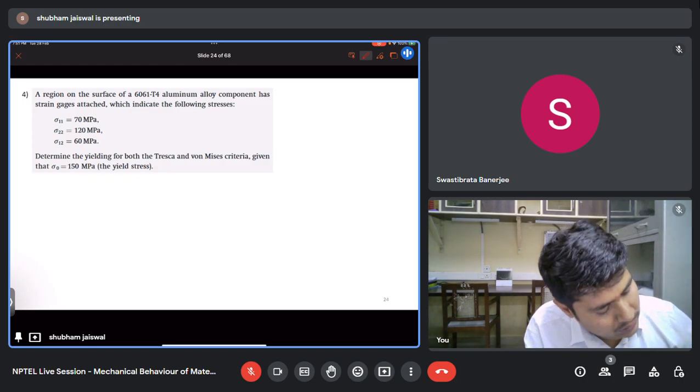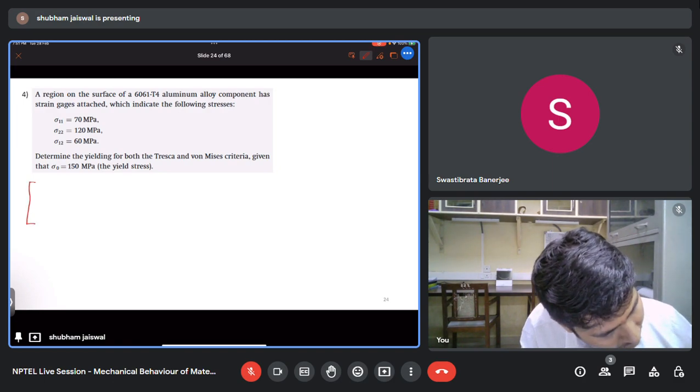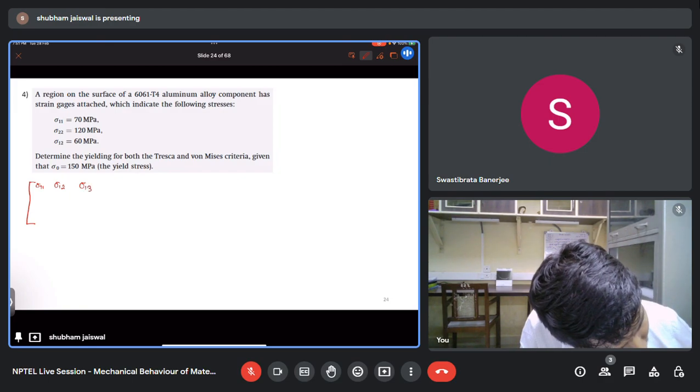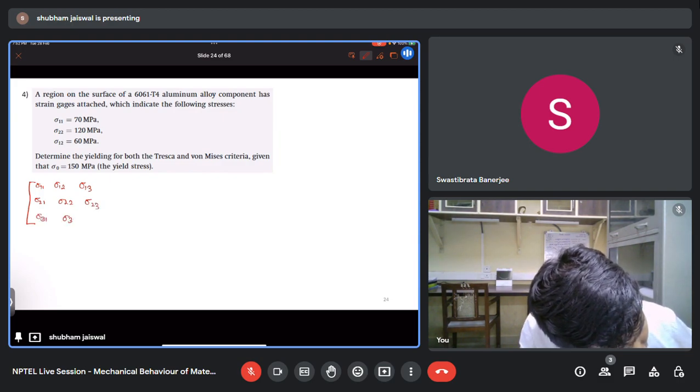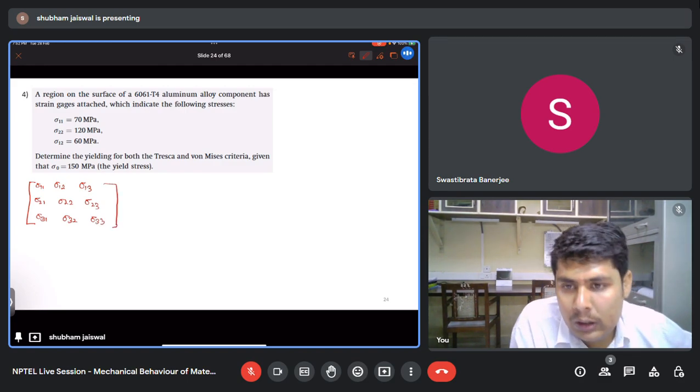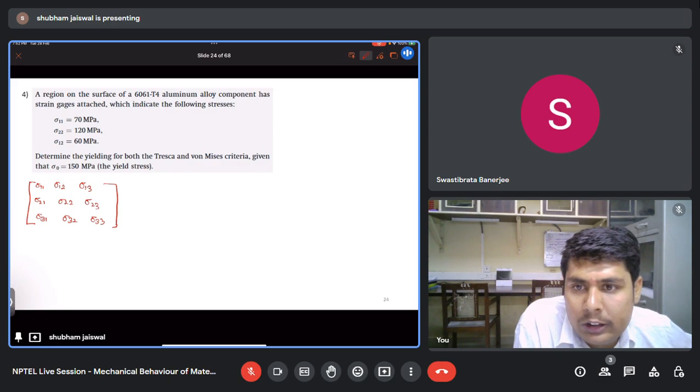So here I can write sigma 11, sigma 12, sigma 13, sigma 21, sigma 22, sigma 23, sigma 31, sigma 32, sigma 33. Okay, I can write the stress tensor like this.